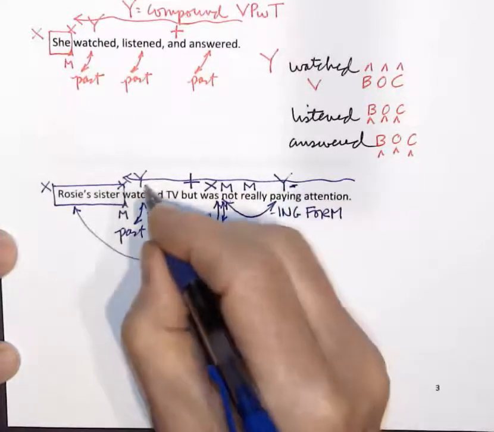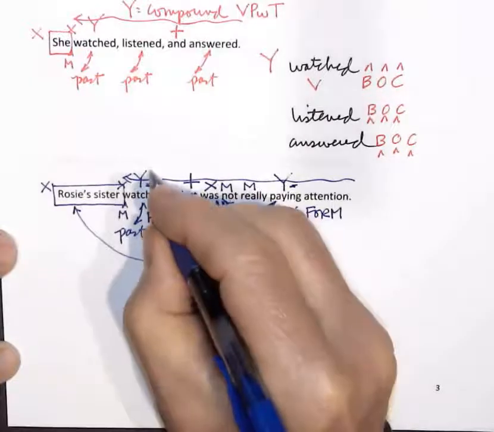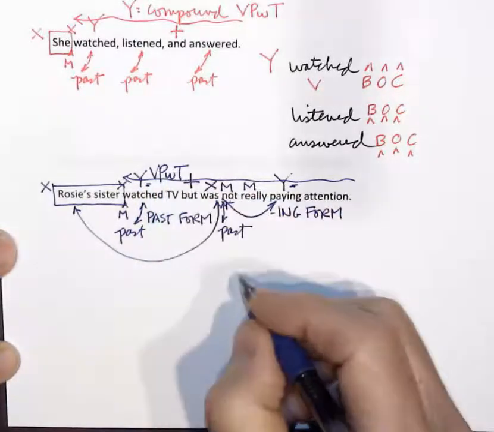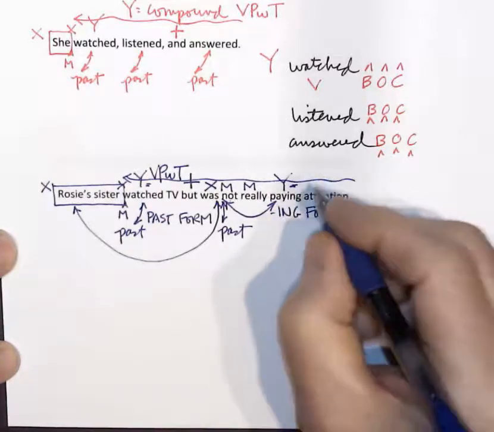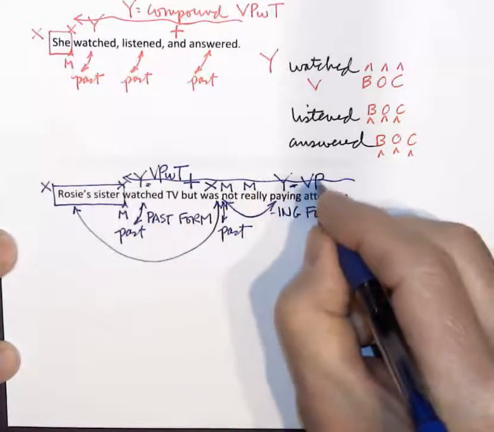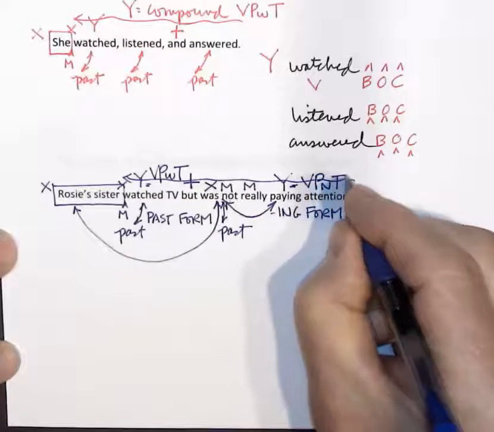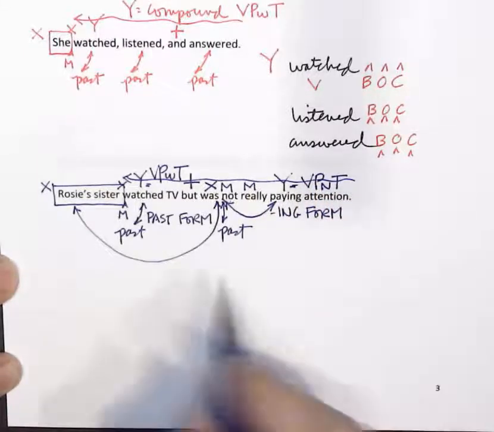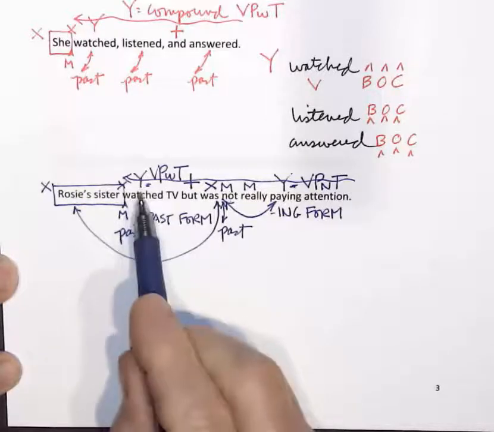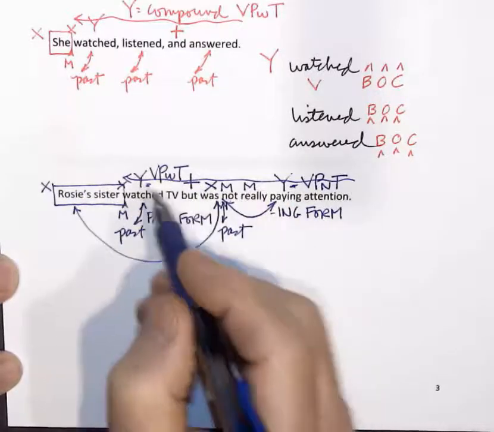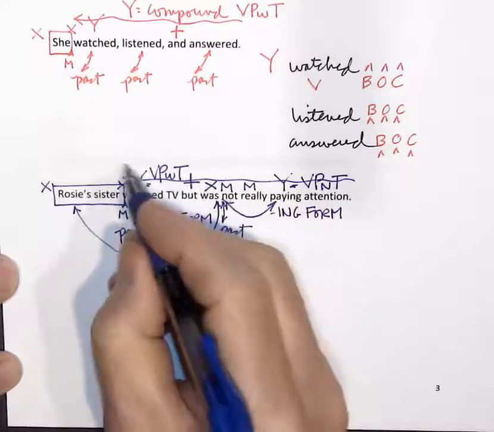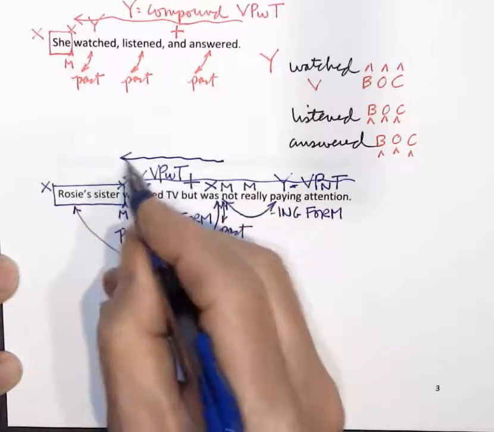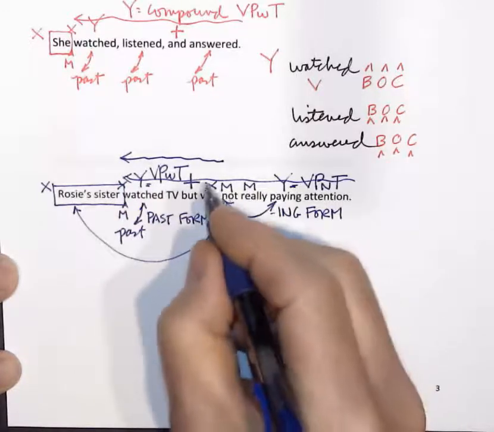Now this first Y had the past form. It's a verb phrase with time. Here's our second Y. It's the ing form, verb phrase with no time. So how can we explain what we have? It looks like we have X, M, and Y, X, M, and Y. It looks like actually what we have here are two predicates.